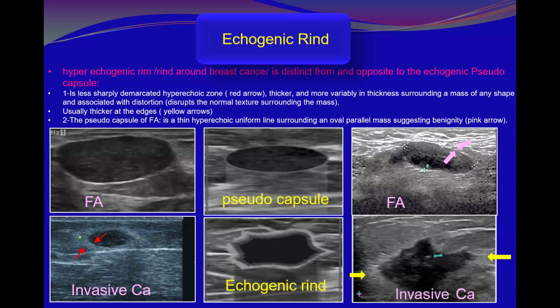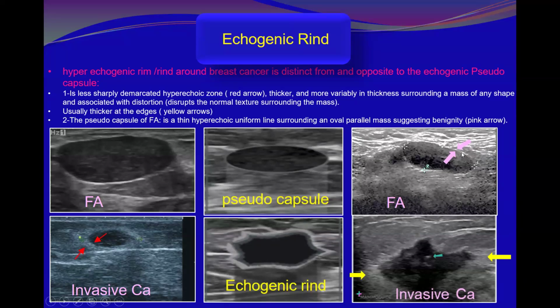It is thin, uniform, and complete, surrounding an oval parallel mass. So it is going toward benignity, as you have seen it here.